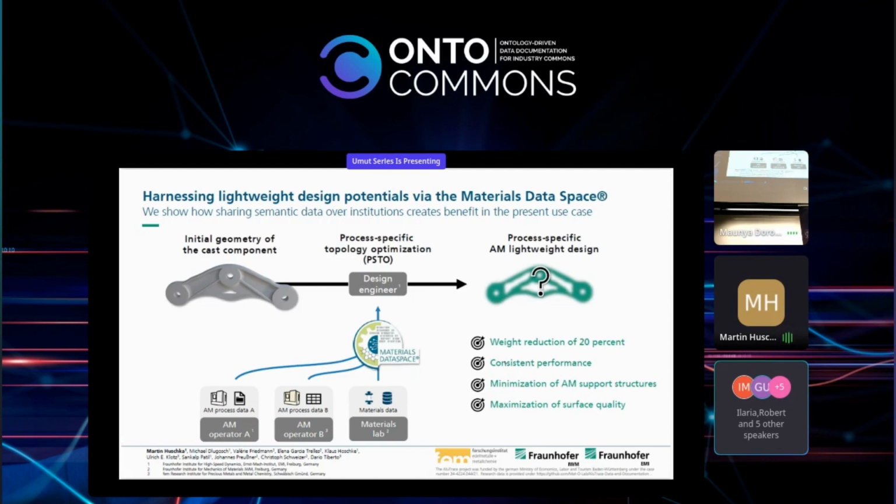This design engineer uses an algorithm that is directly connected to the materials data space in order to use and integrate process data from different additive manufacturing operators and integrate this process data with the materials data from a different materials lab that tested the components produced by the operators.